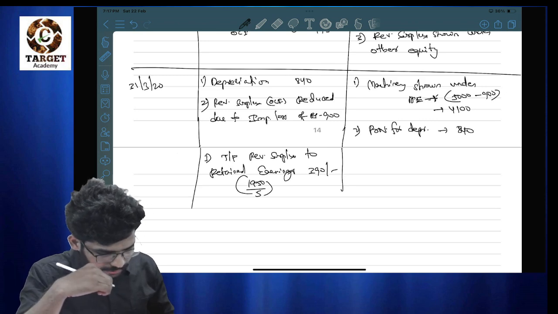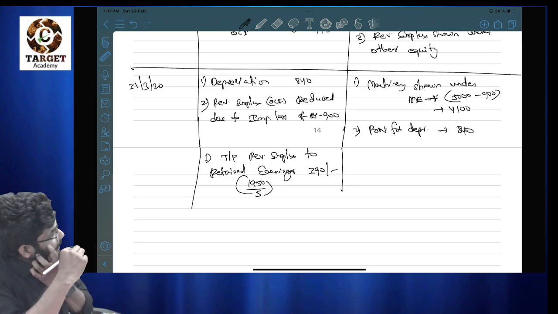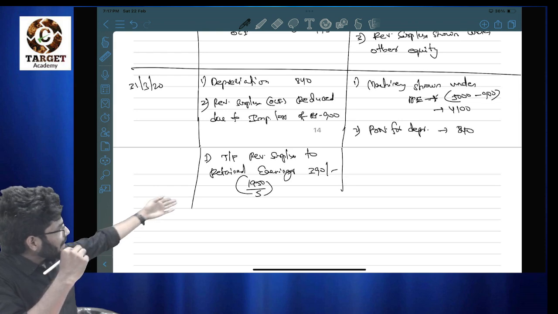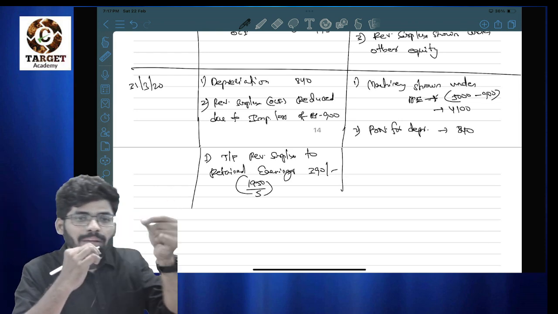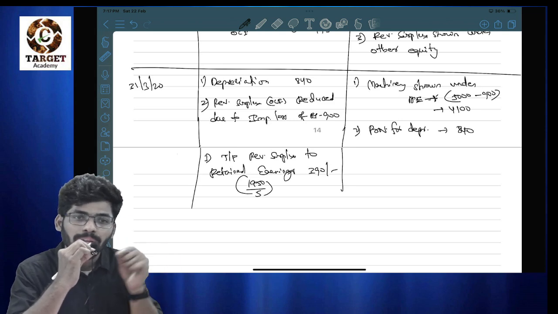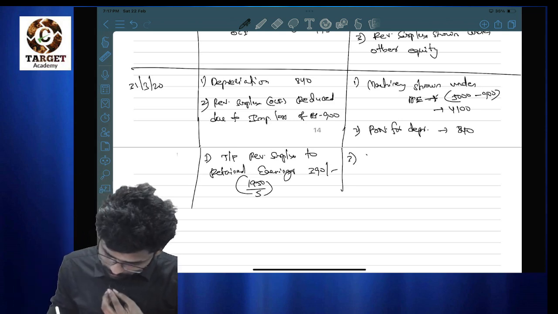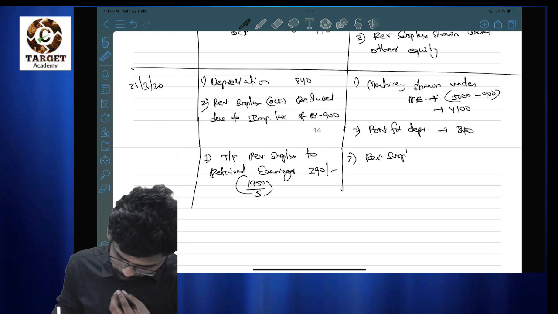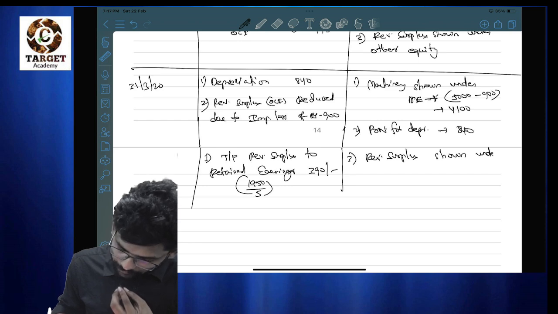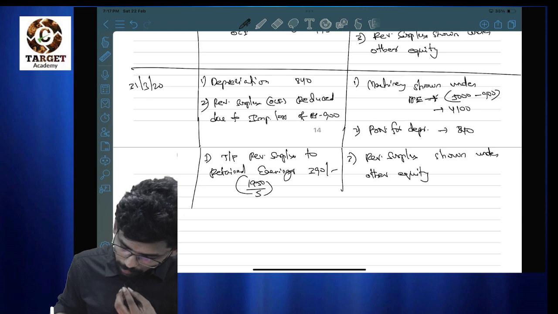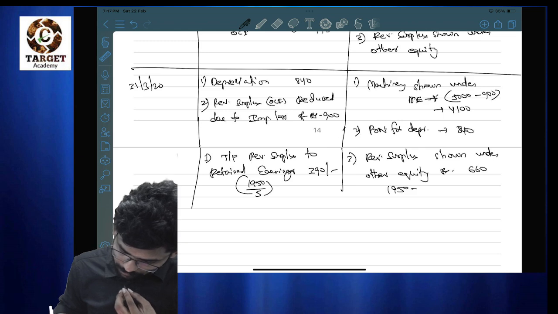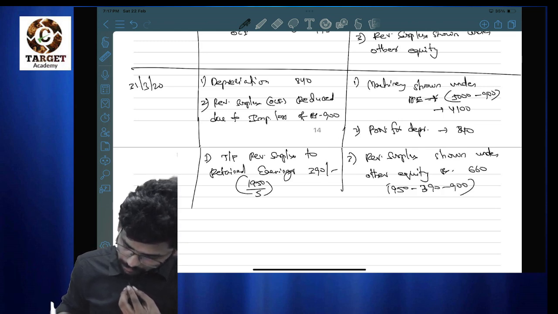Next amount. Retained earnings, we already transferred, right? Revaluation surplus balance. Please tell me the revaluation surplus balance. Revaluation surplus shown under other equity. How much? Calculation. That's it.